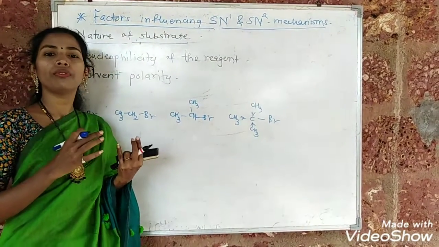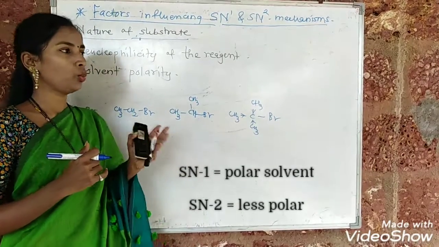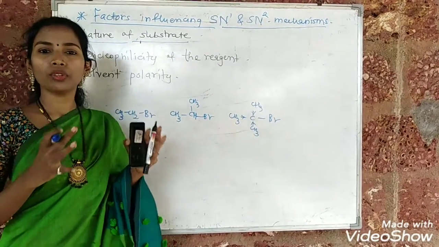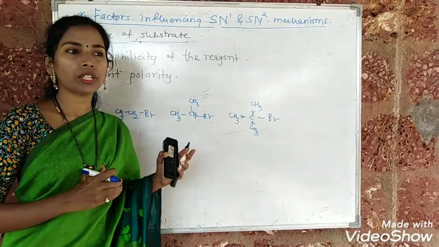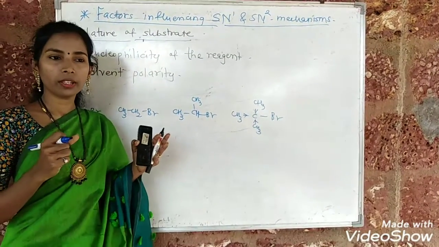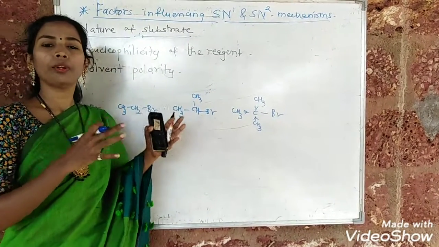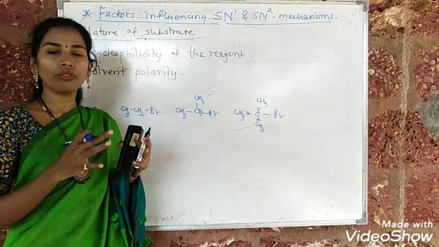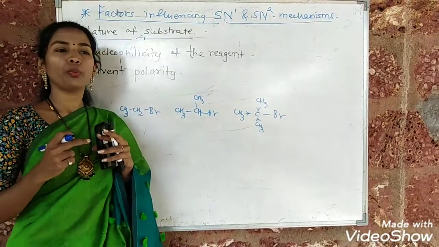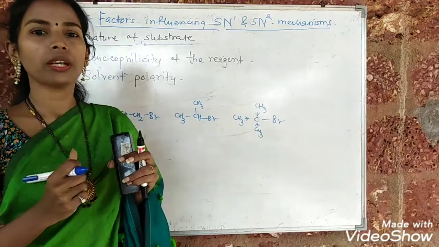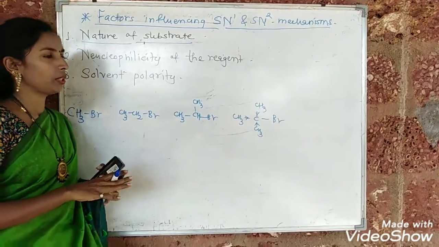So polar solvent favors the SN1 mechanism, whereas less polar solvent favors the SN2 mechanism. The solvation capacity is observed in the case of negatively charged ions, which is not there in the SN1 mechanism because a carbocation has formed. So polar solvents favor the SN1 mechanism, and non-polar or less polar solvents favor the SN2 mechanism. So these are the factors which influence the SN1 and SN2 mechanisms.